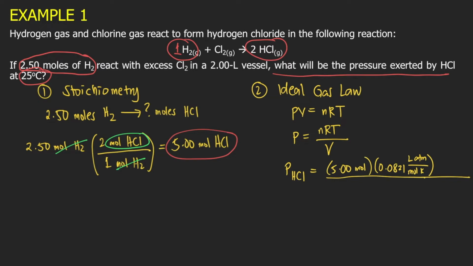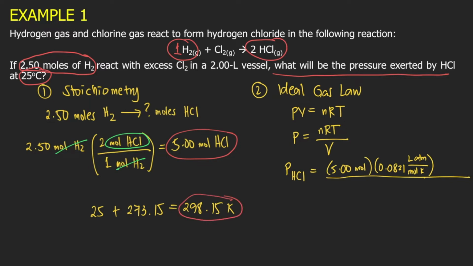And how do we do that? We add 273.15. So 25 plus 273.15 is equal to 298.15, and this will be in Kelvin. So this will be our temperature.